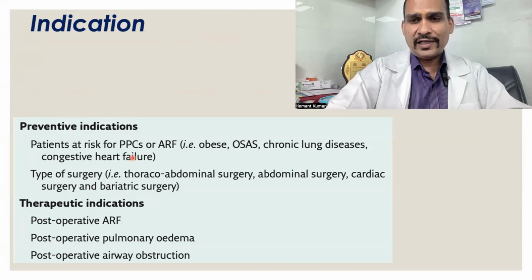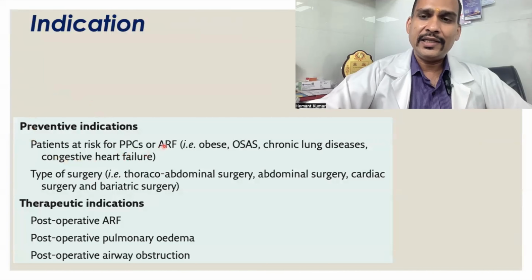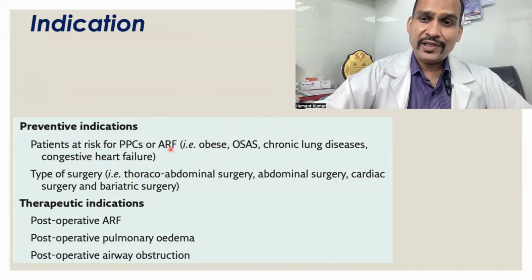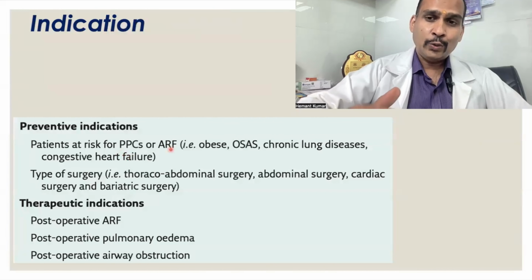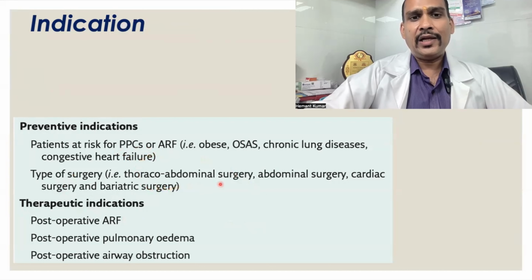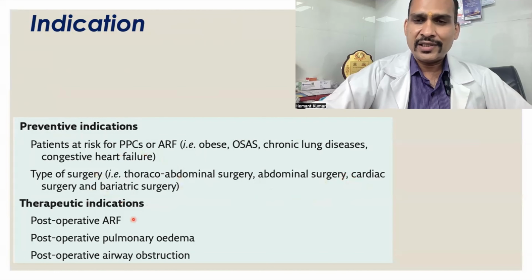To prevent respiratory failure, we can apply NIV in patients at risk, for example, obese patients, OSA patients, chronic lung disease, congestive heart failure. And if the patient is having thoracoabdominal surgery, cardiac surgery, bariatric surgery, in these patients also we can apply preventive NIV therapy.